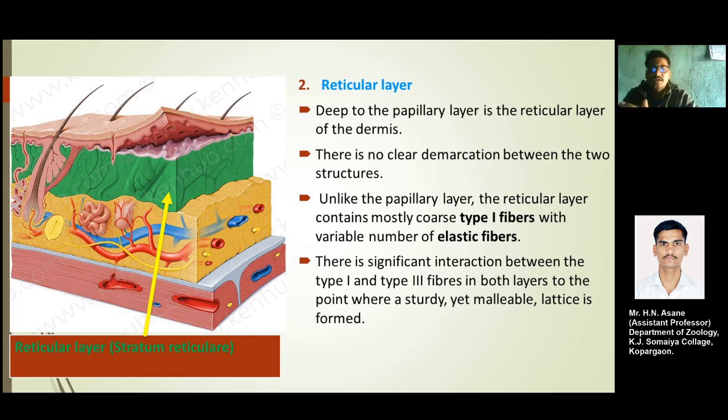The reticular layer is the stratum reticulare, deep to the papillary layer, below it. There is no clear demarcation between the two structures, meaning nothing clearly separates these two layers.